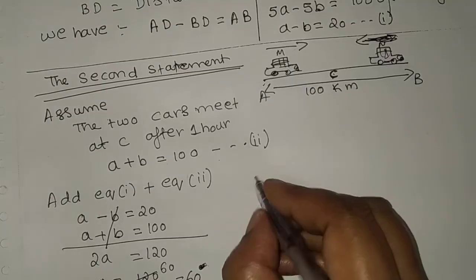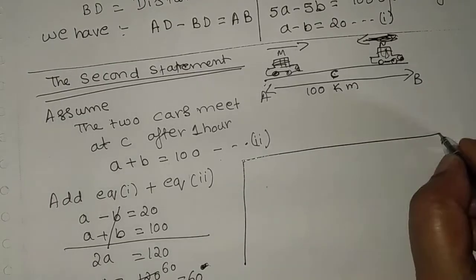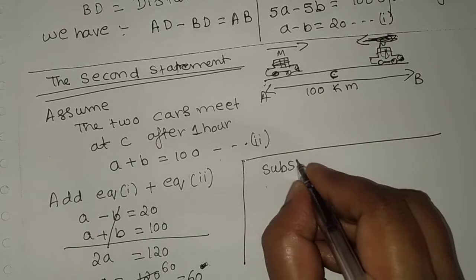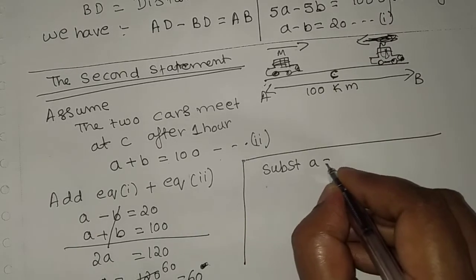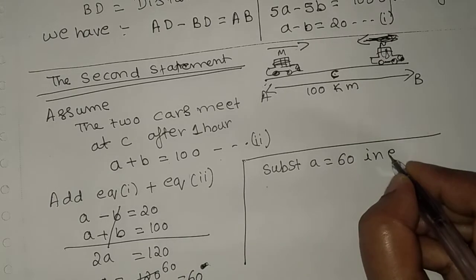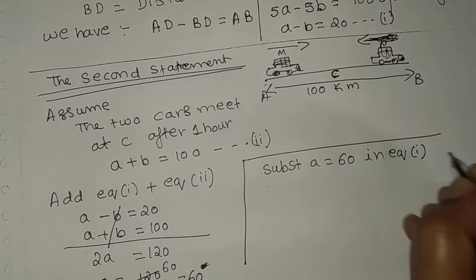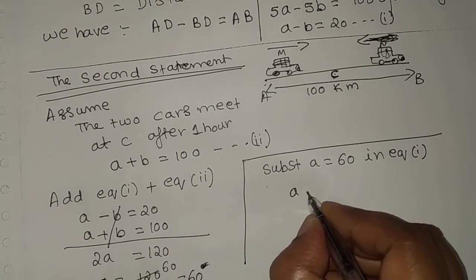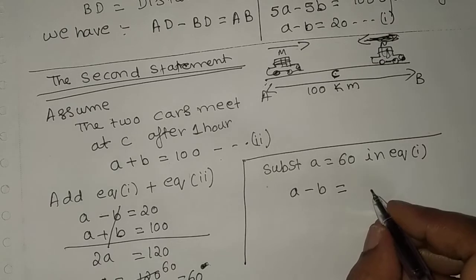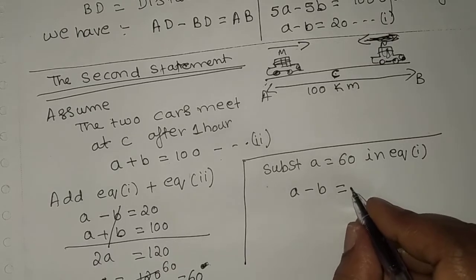Finally, in the next step, we have to substitute A is equal to 60 in equation 1. We can substitute in either equation, we will get the same values.